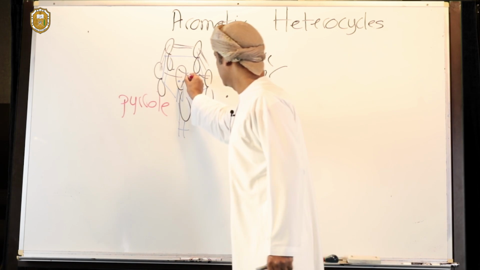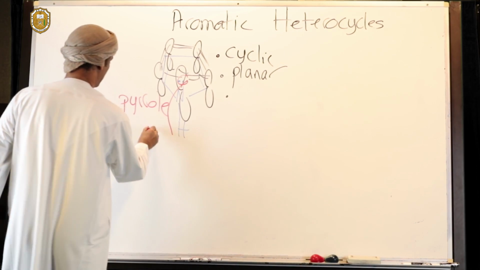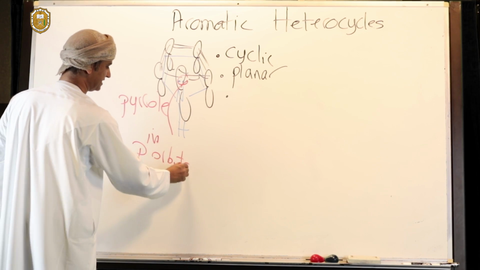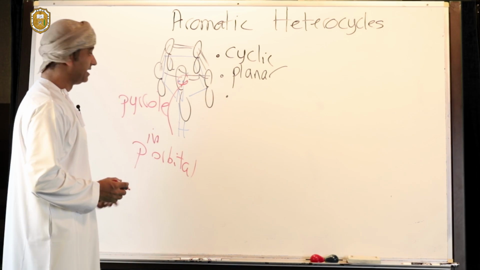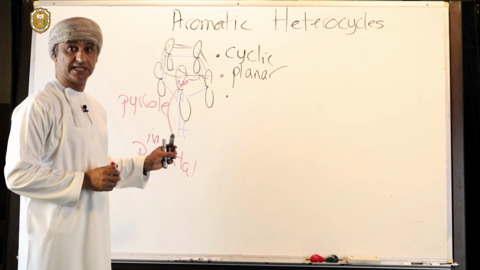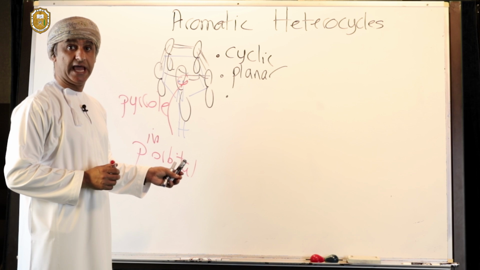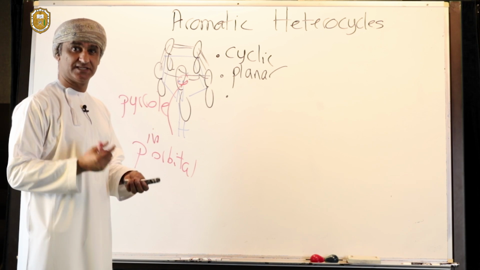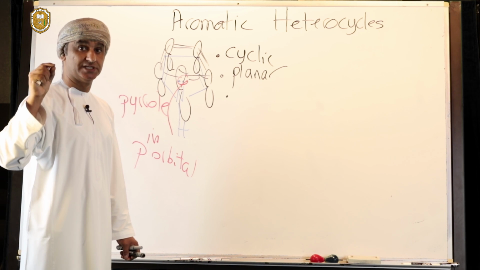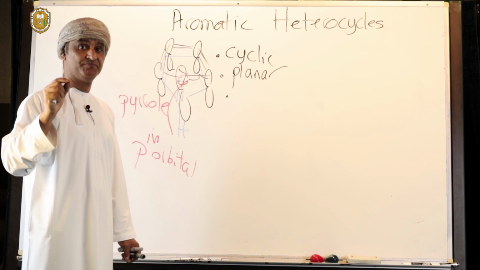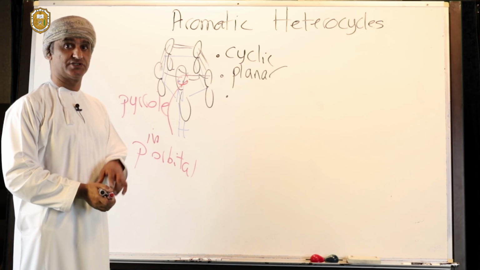This lone pair is located in a p orbital, and this is a significant difference between 5-membered heterocycles, exemplified by pyrrole, and 6-membered heterocycles which contain an imine functionality. Remember, the lone pair on nitrogen in the imine functionality, in pyridine for example, is not inside the pi system, it's outside.